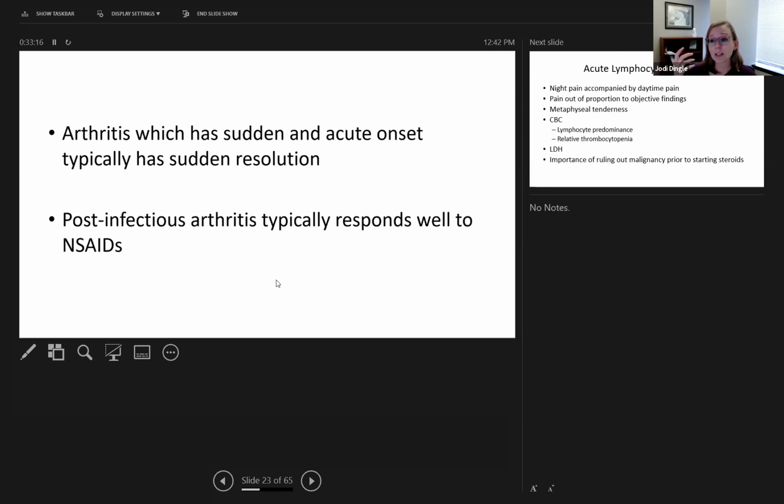Post-infectious arthritis tends to happen like this and then go away like this. And it's also typically very responsive to NSAIDs, so that sometimes helps my diagnosis. If I have somebody do a trial of NSAIDs and their arthritis disappears, I feel much more comfortable about it being a post-infectious issue.